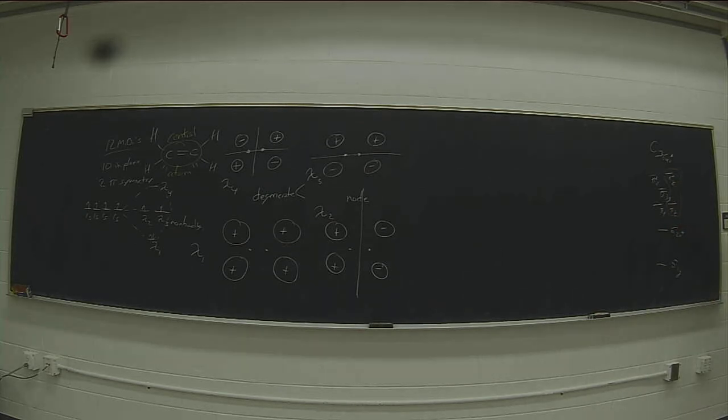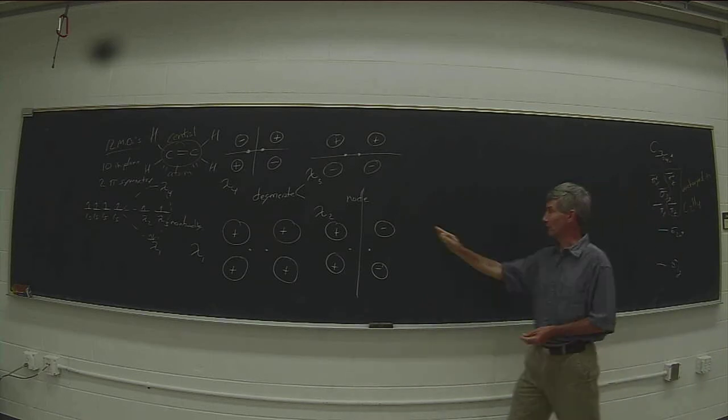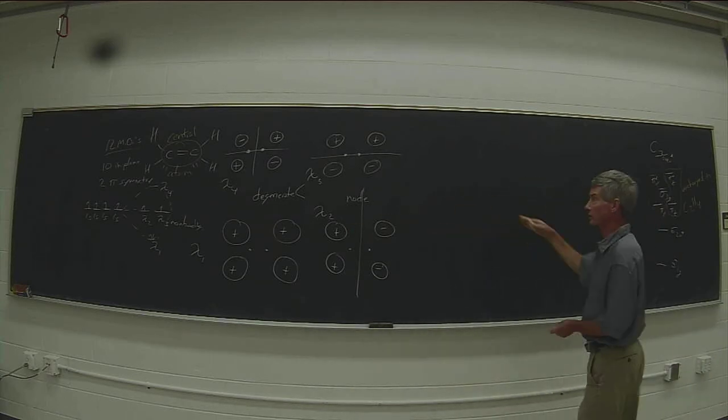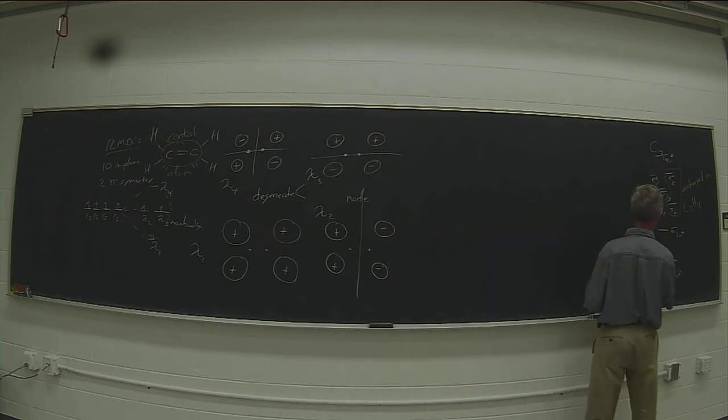Pi z and pi star z remain unchanged in C2H4, because those are the 2 that are out of plane. But the others, sigma 1g, 2u, 3g, and 4u star, and then the pi y and the pi star y, those lie in the plane. So we'll be combining those with these ligand group orbitals to create a new set of molecular orbitals.